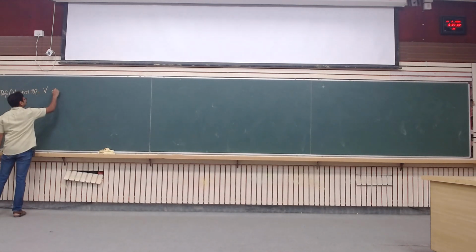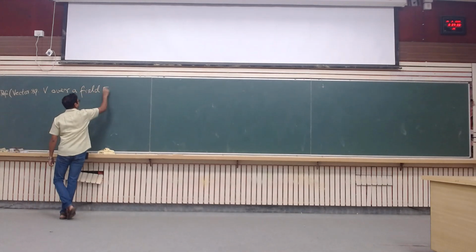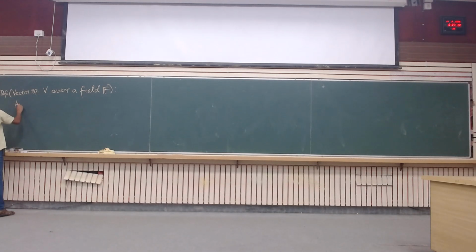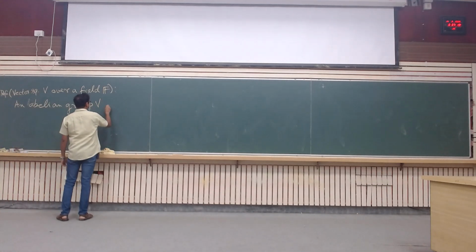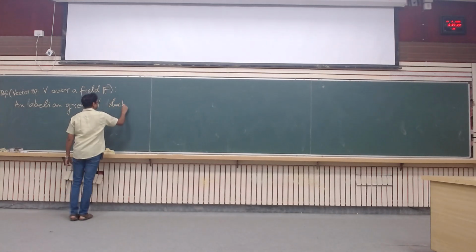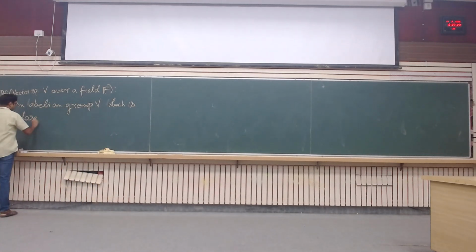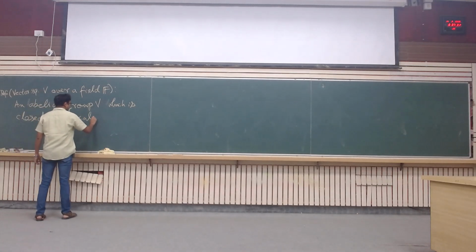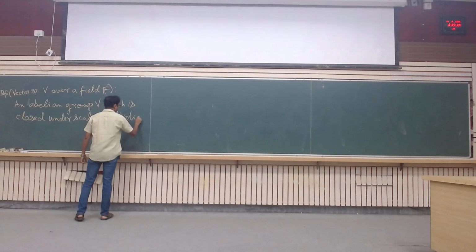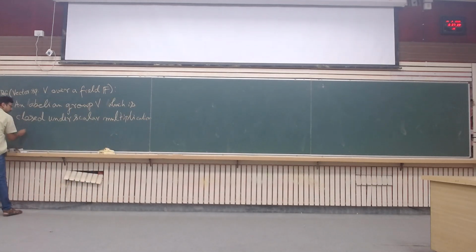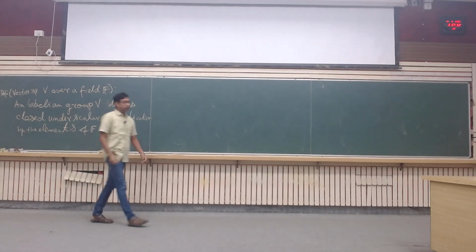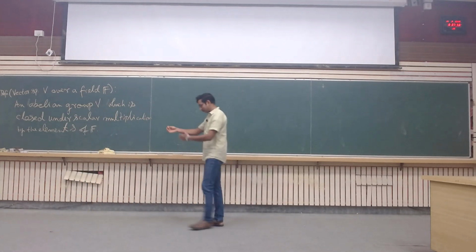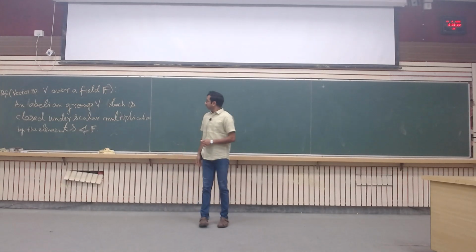A vector space V over a field F is just an abelian group V that is closed under scalar multiplication by the elements of F. So it's an abelian group, closed under addition, and abelian group means that the group law you can denote by addition, and then what else?